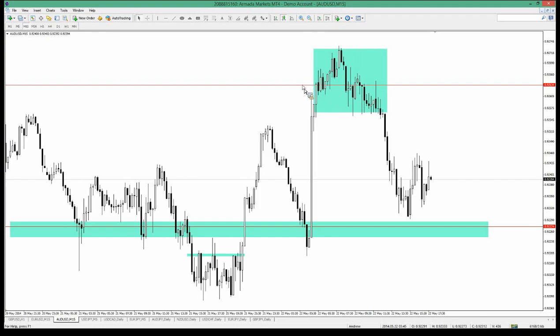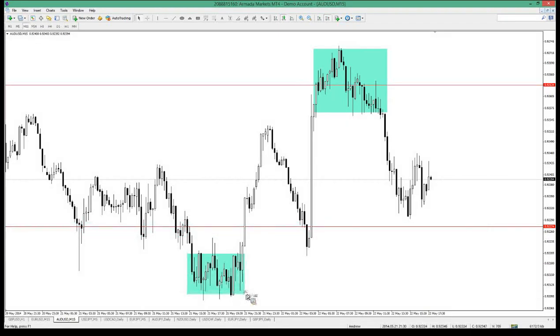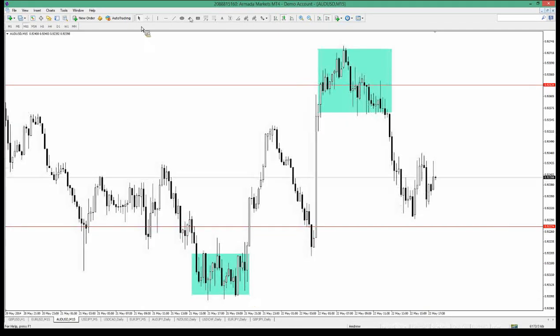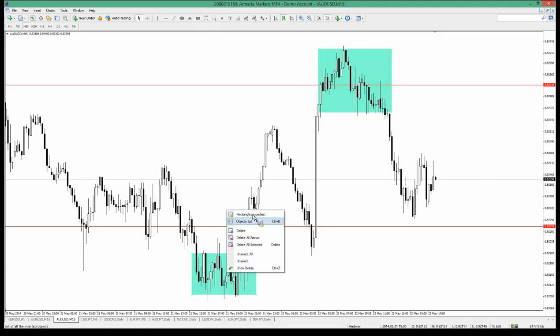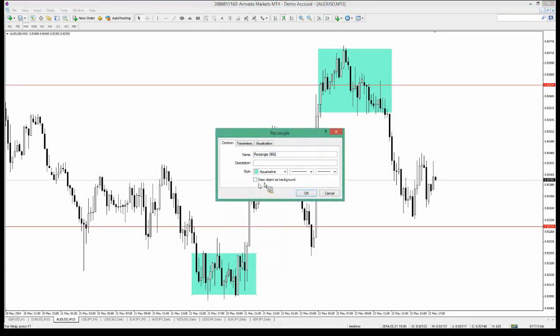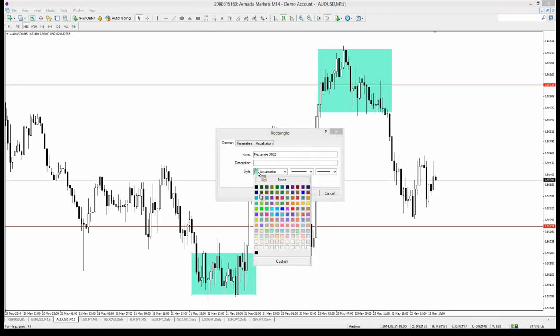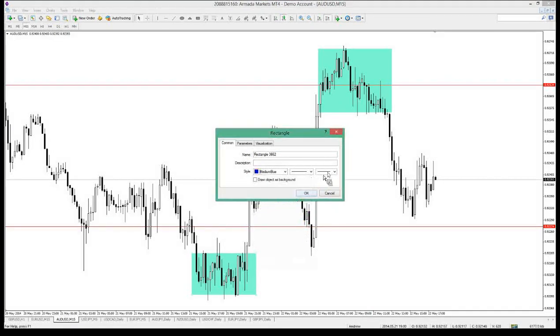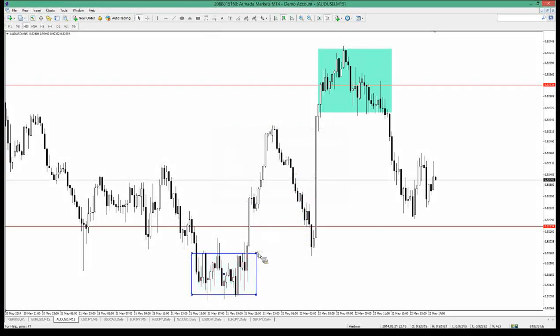It's a bit messy, and we've got this area of support down here. This base looks far nicer because you can see the clear-cut top and bottom areas. You can take this rectangle tool, draw the object as background, and mark it up in some color, and that gives you a very simple way of chopping through all this mess.